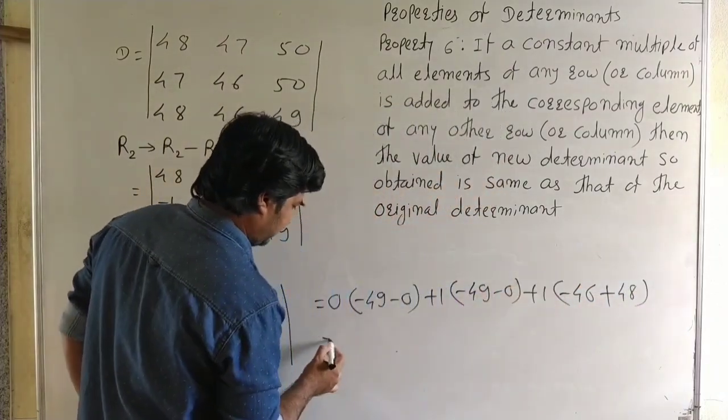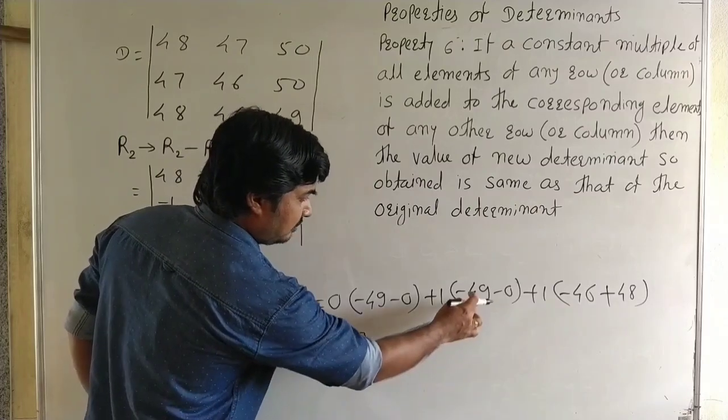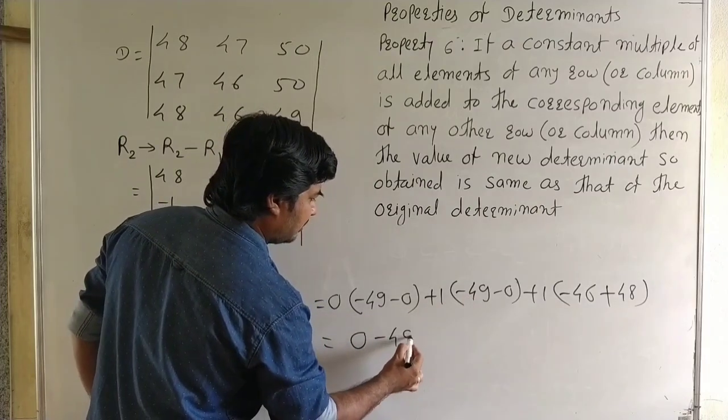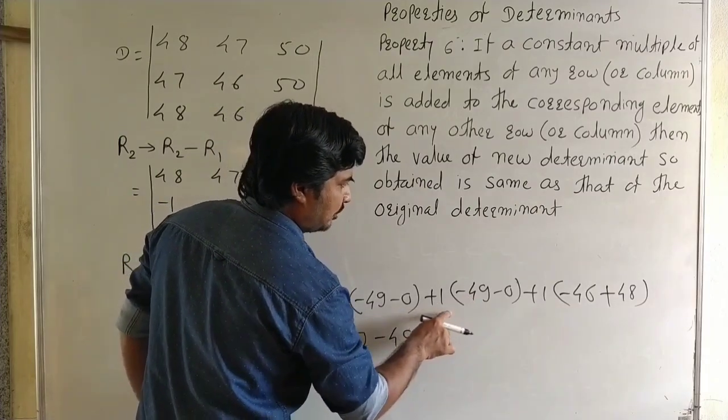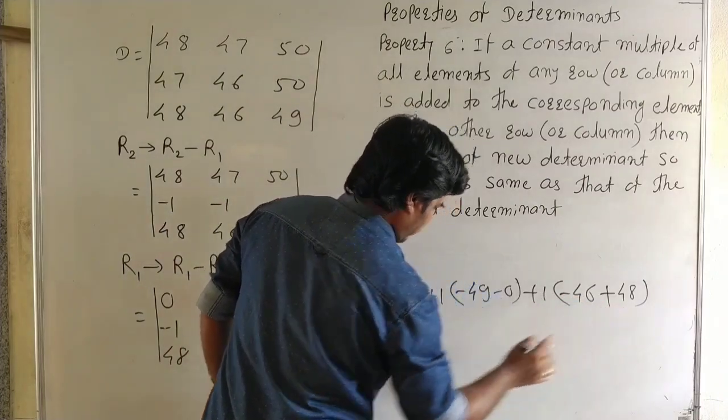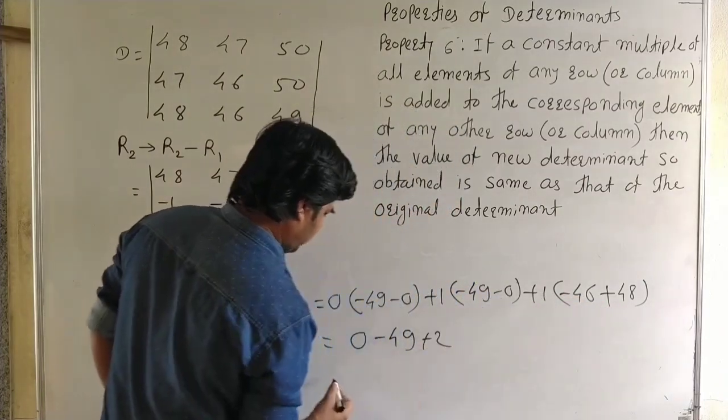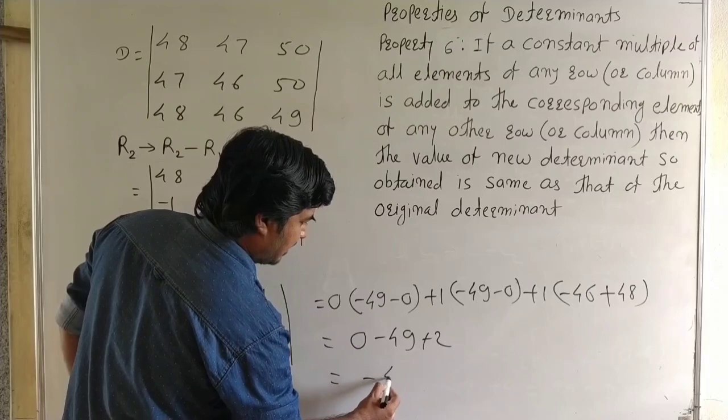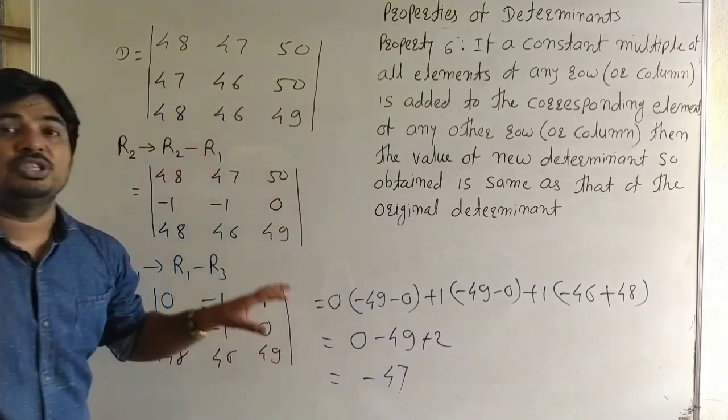And now we calculate: it is 0 here, minus 49, and here it is plus 2, therefore it is plus 2, and then it is minus 47. It is the value of this determinant.